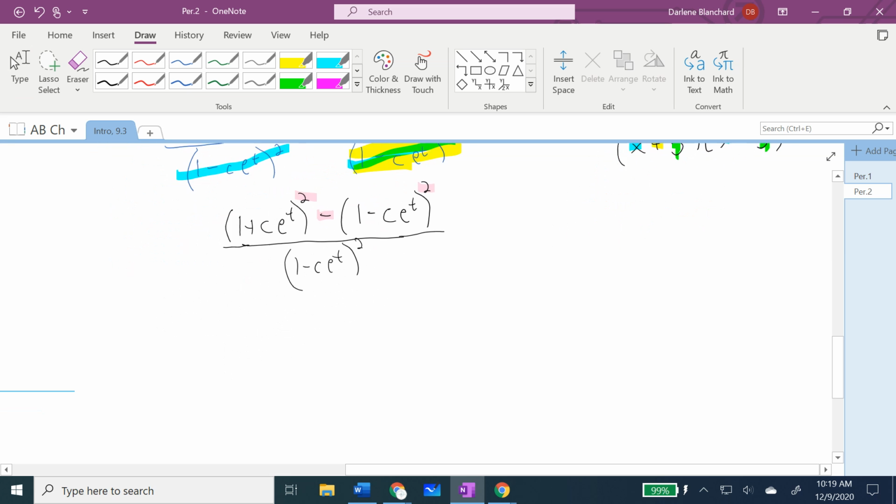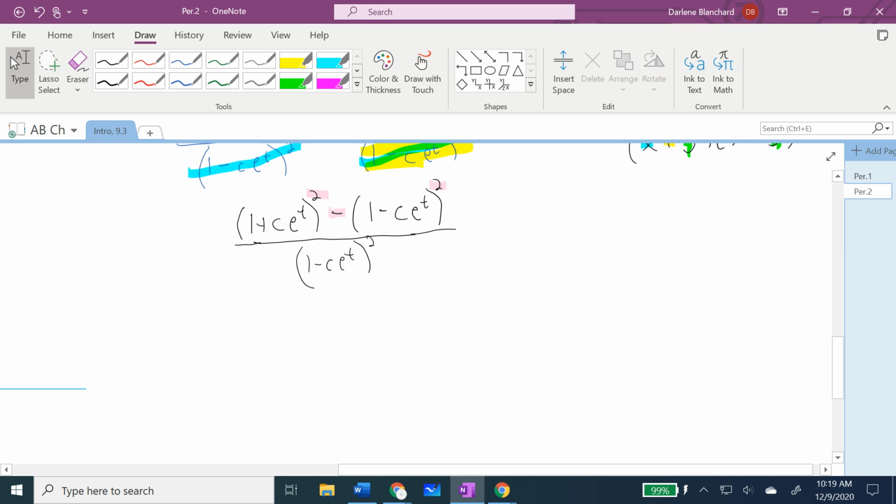So when I go about factoring this difference of squares, for this subtraction, I'm going to put a plus and a minus.